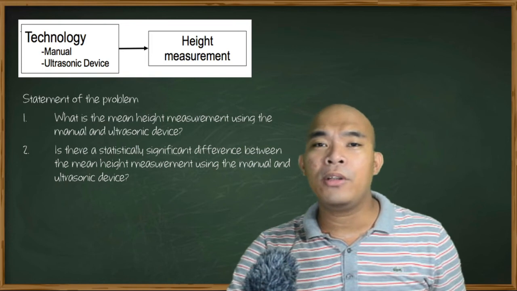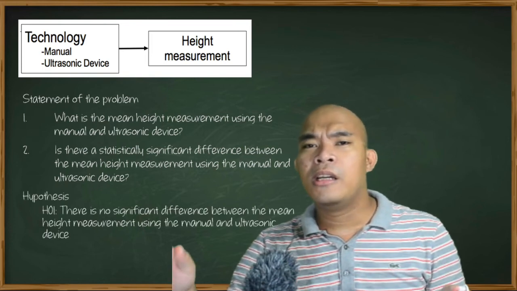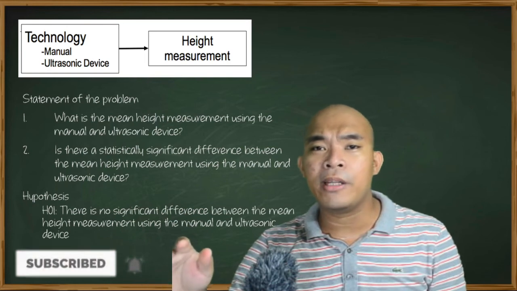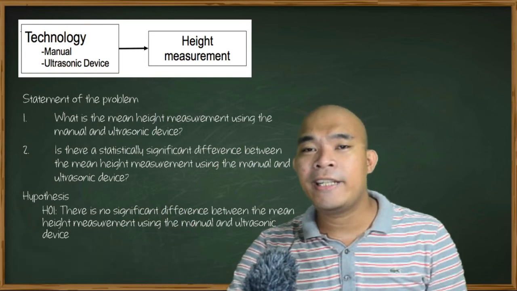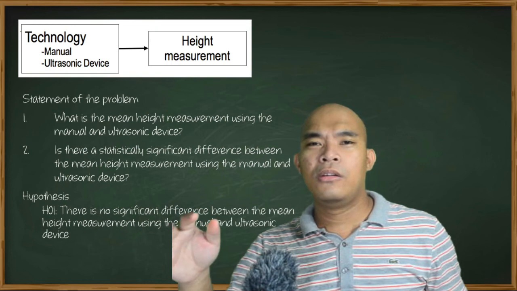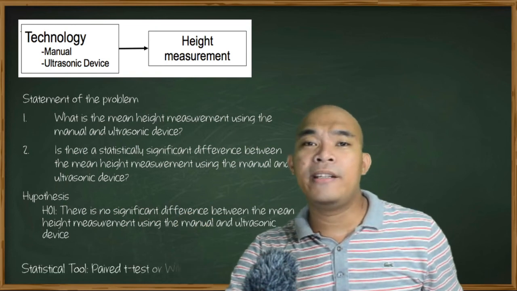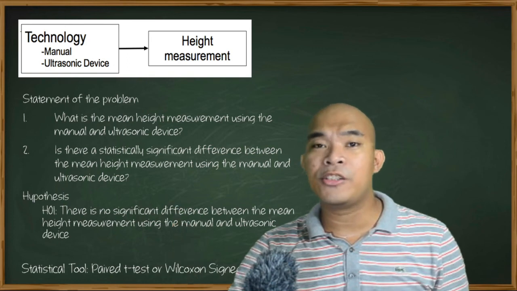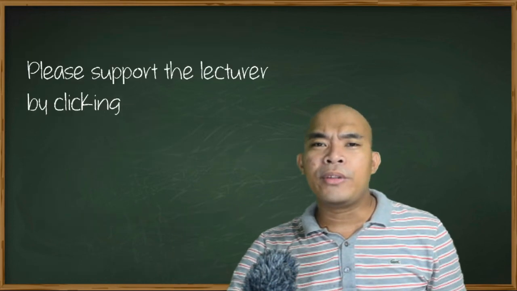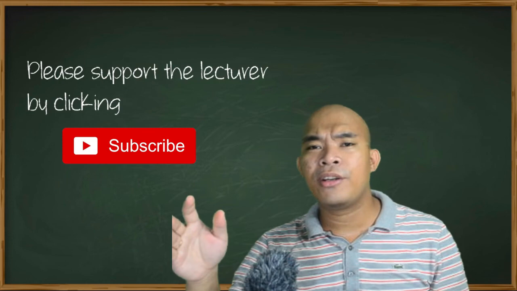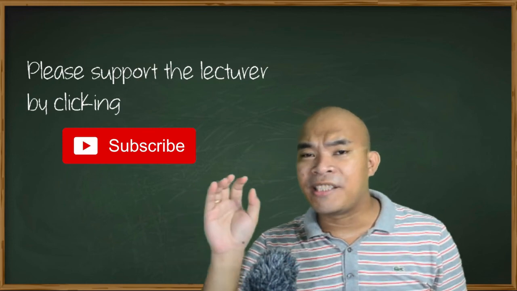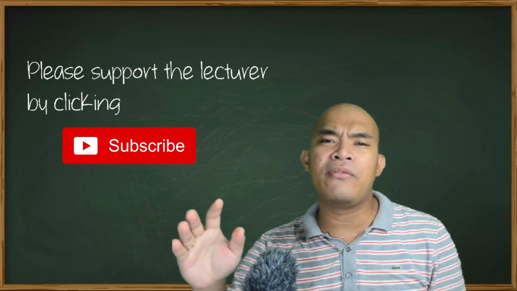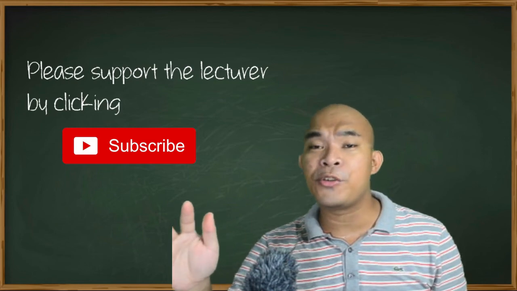So for the null hypothesis, we can write it as, there is no significant difference between the mean height measurement using manual and ultrasonic device. So we can use the paired t-test or the Wilcoxon signed rank test for the statistical treatment. So take note that the alignment of the conceptual framework, the statement of the problem, the hypothesis, and the statistical tool is very important in your thesis or research paper.